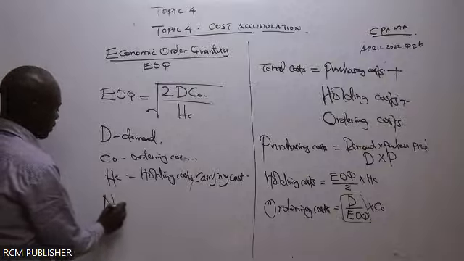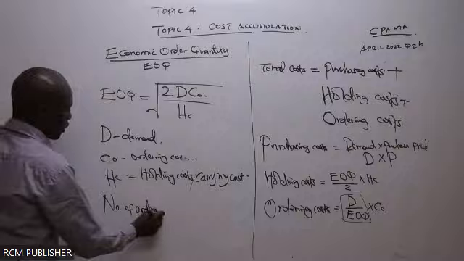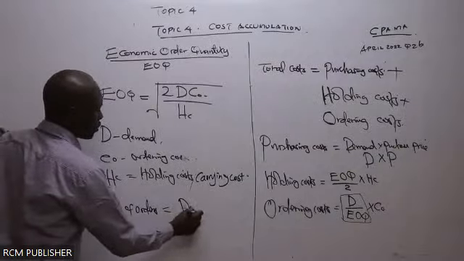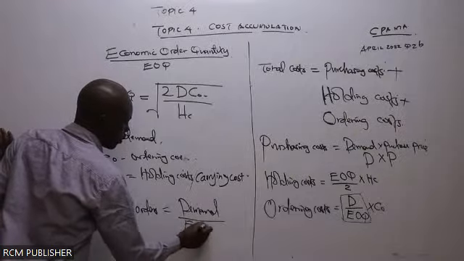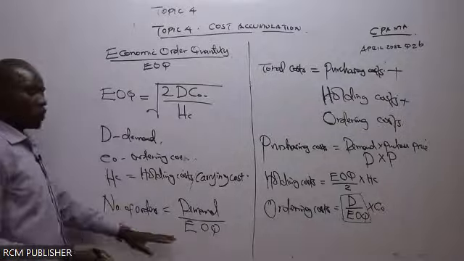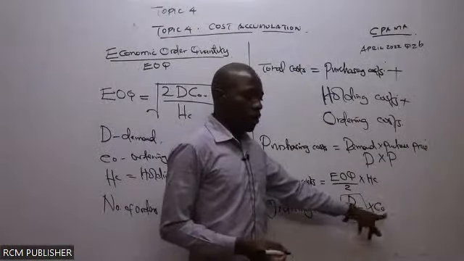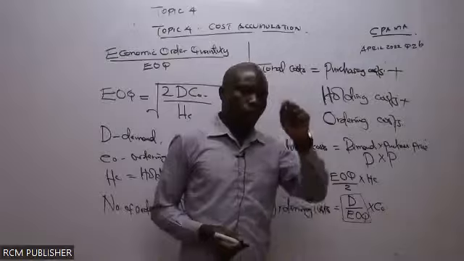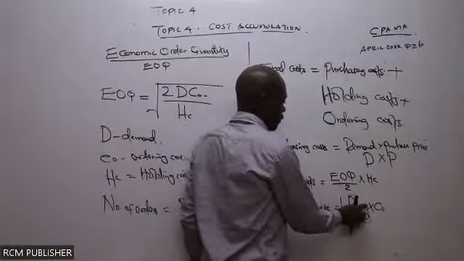Number of orders is equal to demand over economic order quantity. This gives us the number of orders, and that's why we multiply by cost per order to get the total ordering cost. That is what we need to have in place.